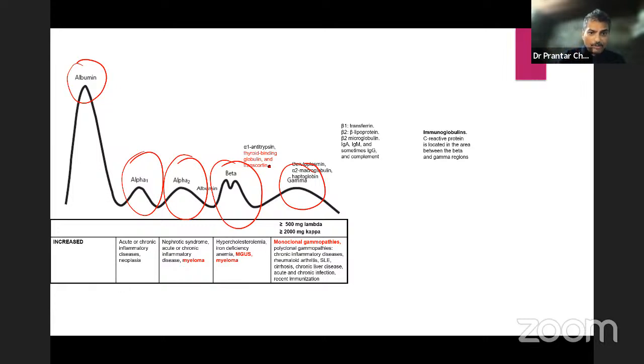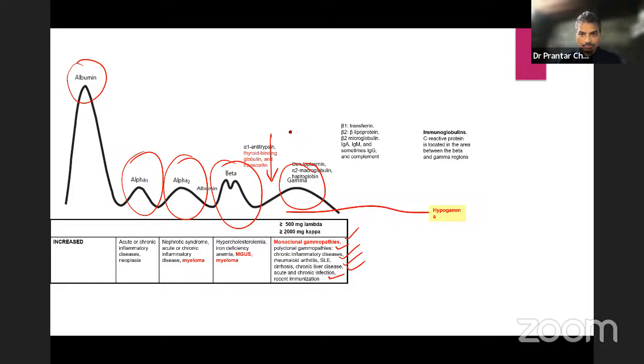So, if you get a peak in gamma, it can be a monoclonal gammopathy, it can be a polyclonal gammopathy, it can be due to chronic inflammation, SLE, chronic liver disease. Just to tell you that a number of diseases can lead to this kind of thing. Immunoglobulins, even C-reactive protein, is located in the area between the gamma and the beta regions.